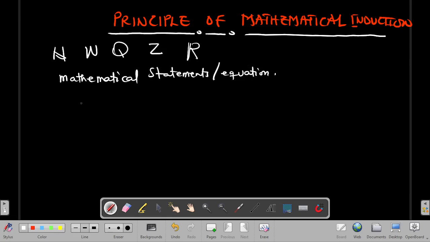Now, assuming that you have derived a formula for the sum of squares of even numbers within the natural numbers space.